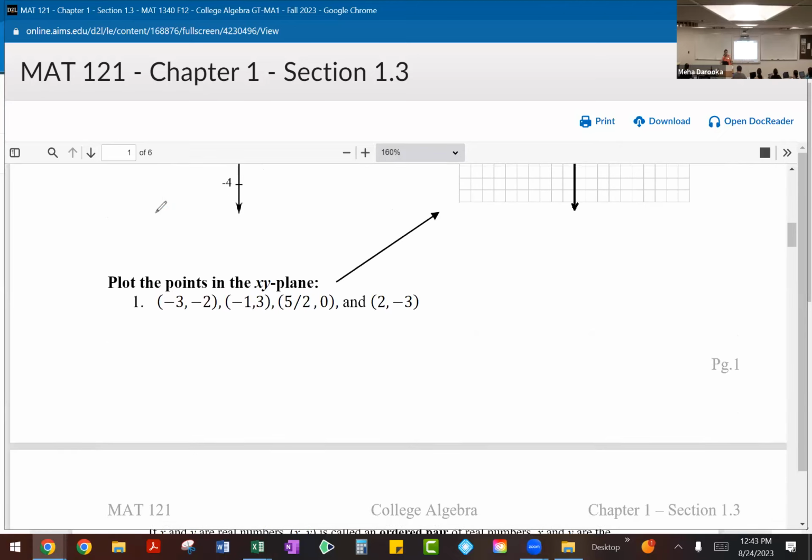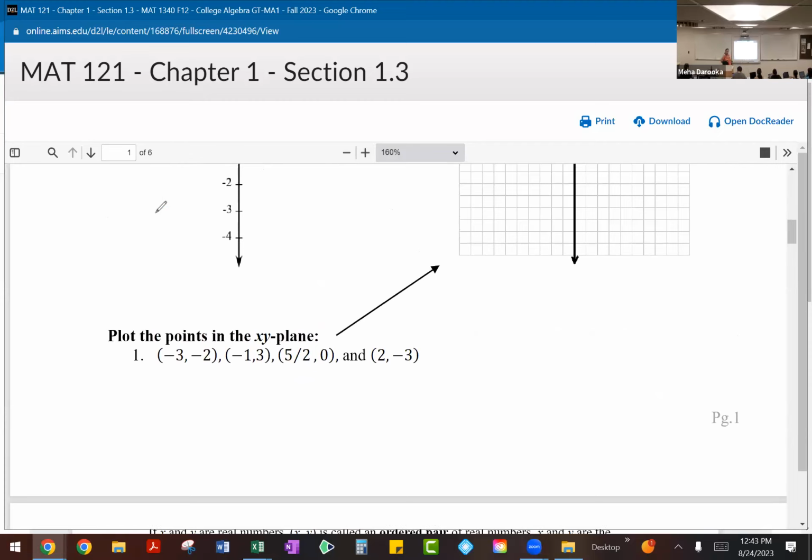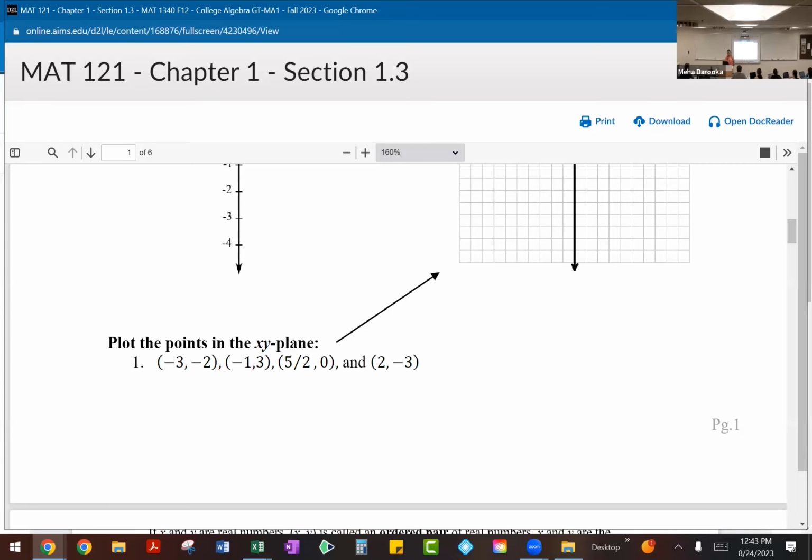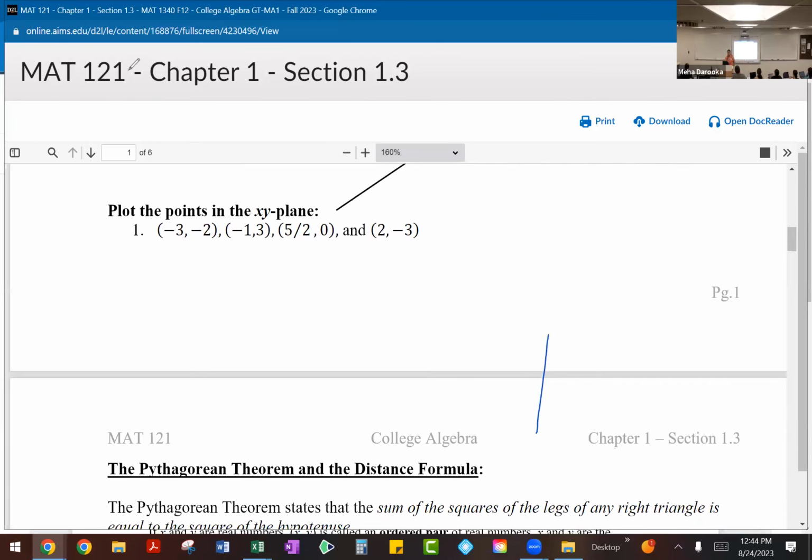So you can see, given different points, just looking at the coordinates, can you tell me in which quadrant 4 of these points will fall? So what quadrant is -3, -2? Very nice, this is going to be a quadrant 3 point. -1, +3. 5 halves and 0.